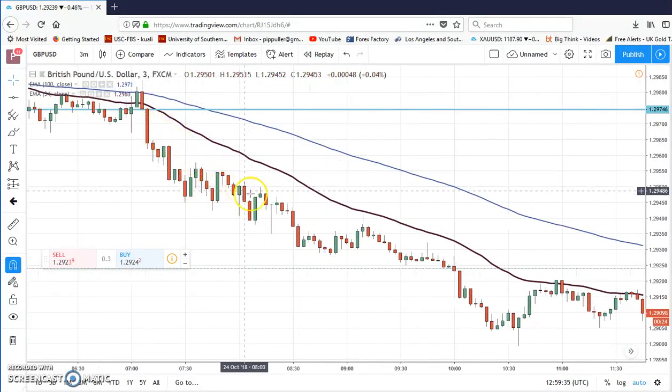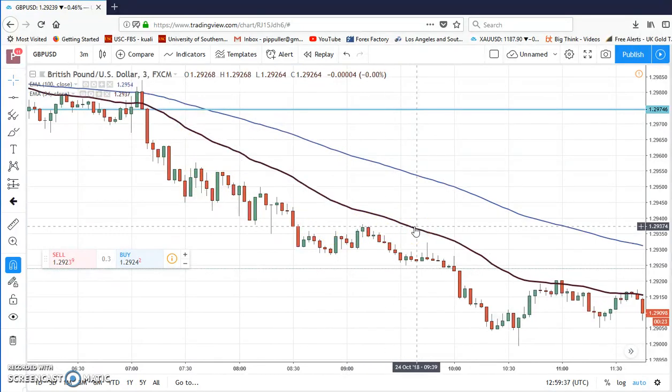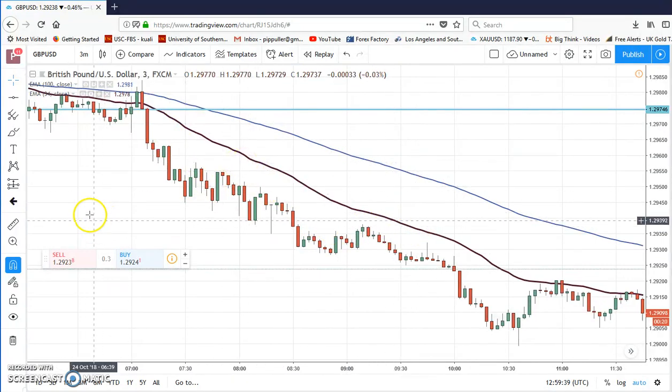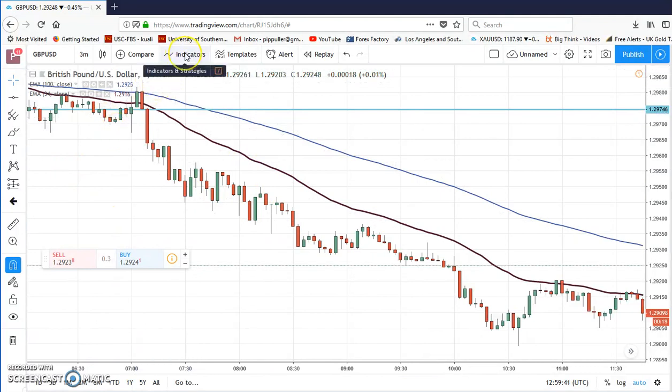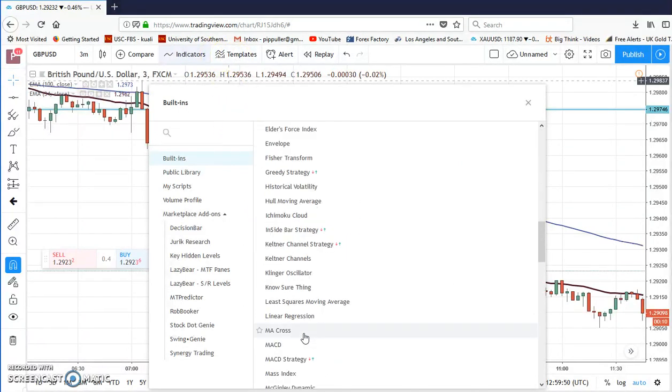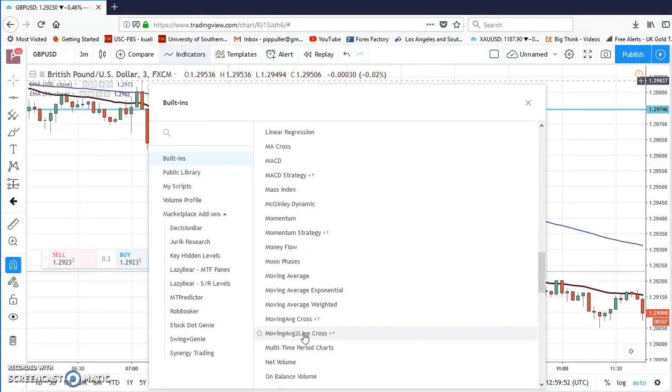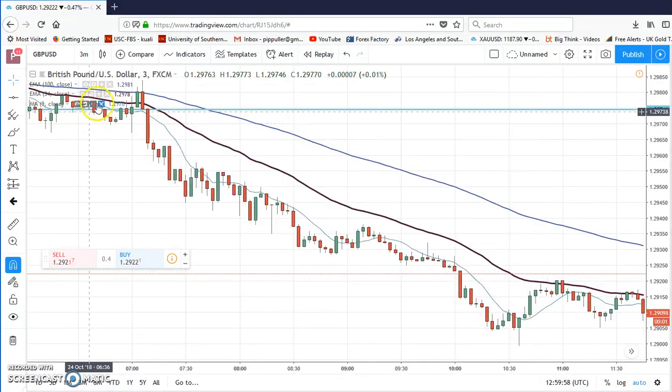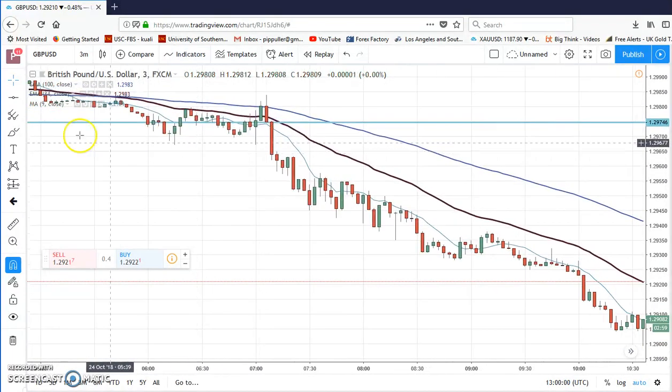If you really want to ride it out here, you can wait until it crosses back up again, or you can add another moving average line, like a quicker one, like a 21, let's say. I added a moving average here, the 9, change that to 21.